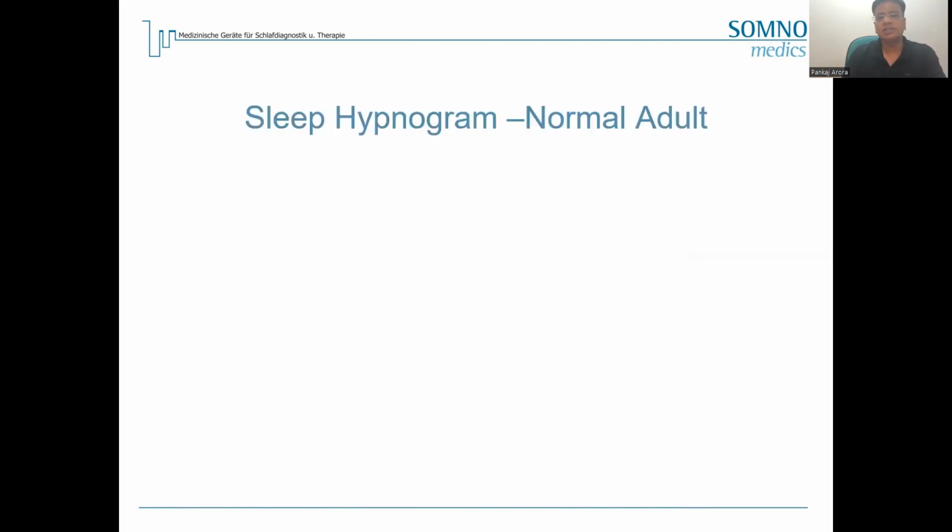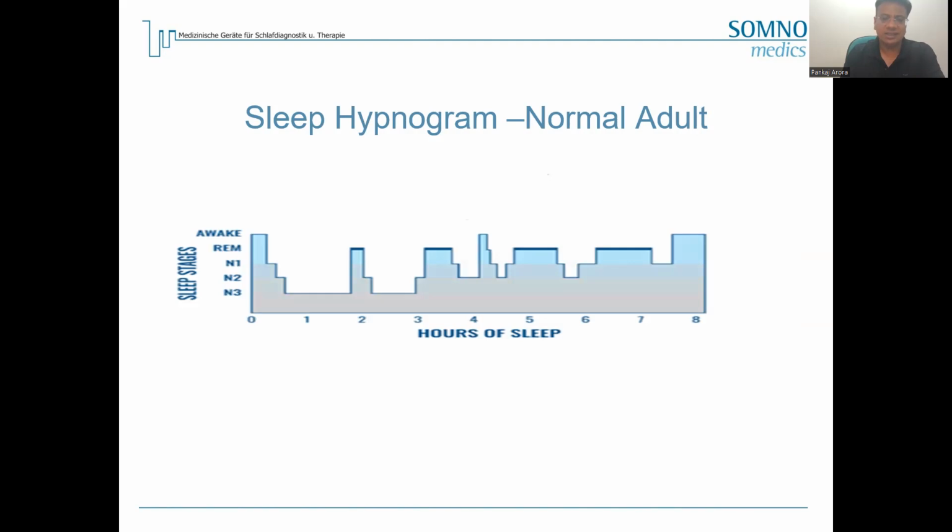Now I will show the sleep hypnogram of a normal adult, which looks like this. This is 8 hours of sleep, where you can see the patient was awake and then went into N1 and then N2, and then he was for a longer time in N3, then he came back to REM, and then he jumped back to N2, and then N3 again for longer.